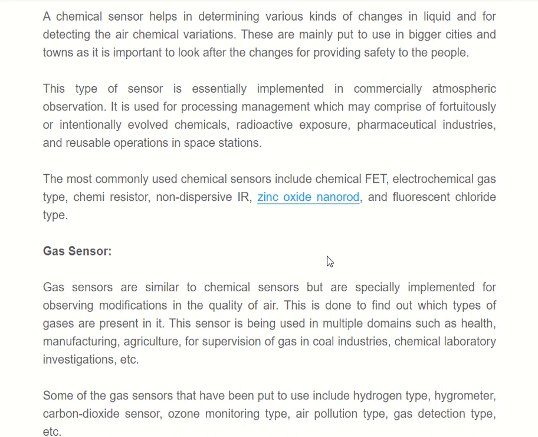So in different sectors we have different applications of gas sensors, and some of the gas sensors that have been put to use in these sectors include hydrogen type, hygrometer, carbon dioxide sensors, ozone monitoring, air pollution type sensors, gas detection type sensors, all such sensors.